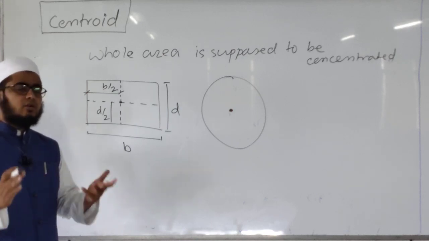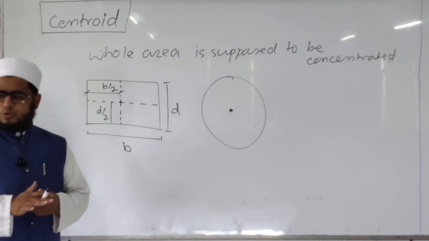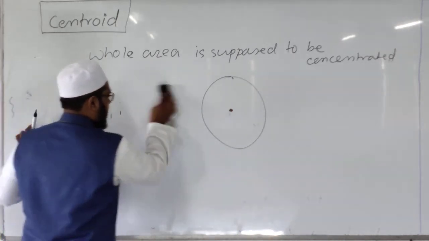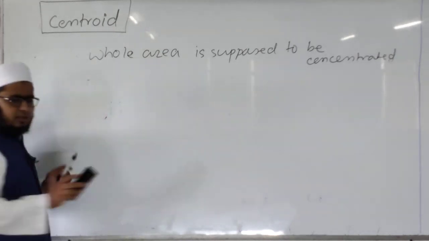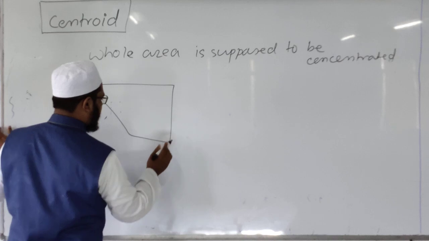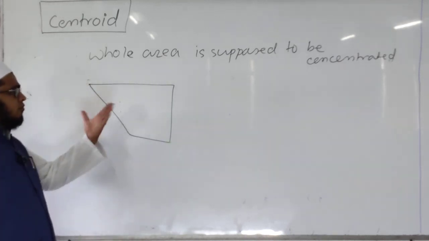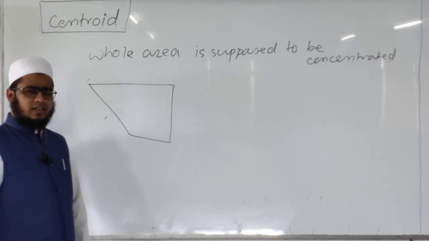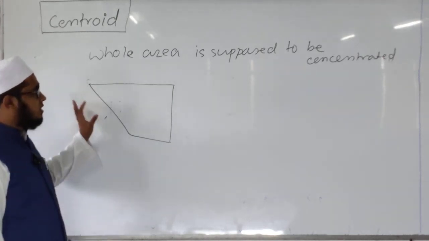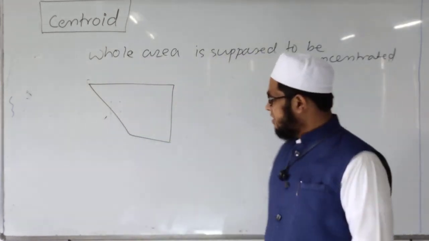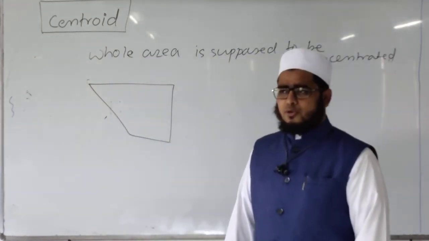But whenever an irregular figure comes, how to determine the centroid of that irregular figure is very important. An irregular figure may be of any shape. We have to find the centroid of this figure. It is not a standard figure, it is an irregular shape.